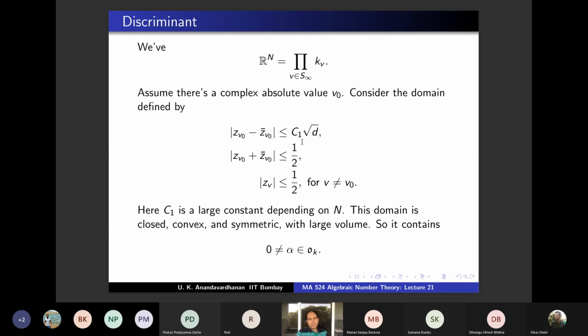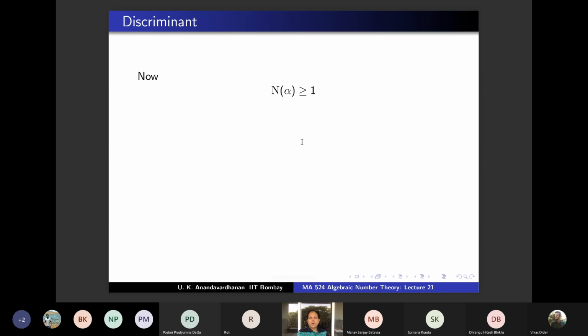So by choosing c1 large enough, we know that there is a non-zero point in this domain which is in O_K. O_K is our lattice. Okay, so you have got such an alpha. Now, norm alpha is bigger than or equal to 1 because alpha is an algebraic integer. Therefore, norm alpha is an integer, and therefore norm alpha is bigger than or equal to 1.